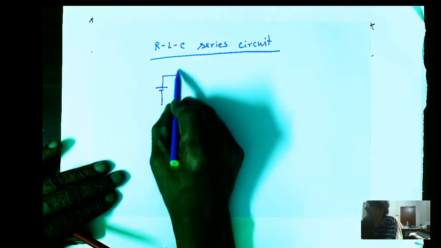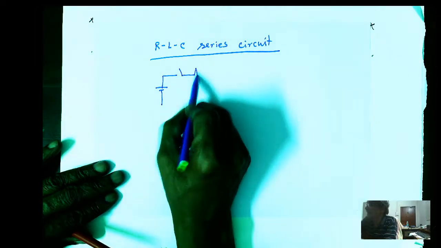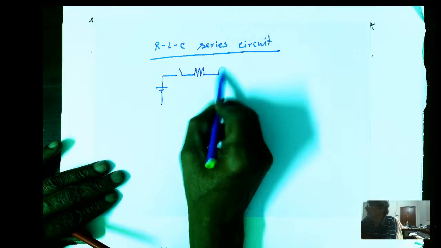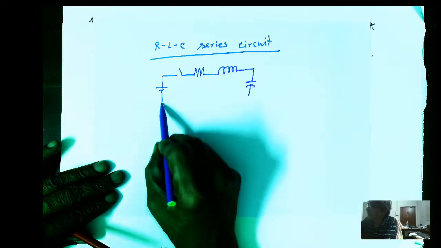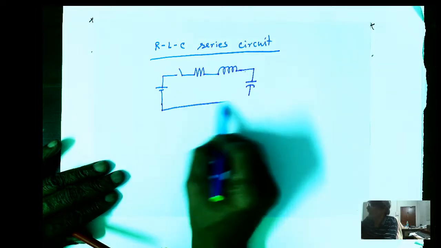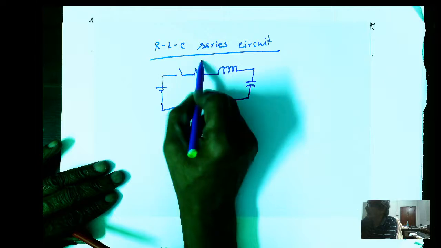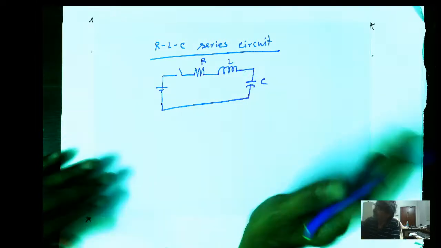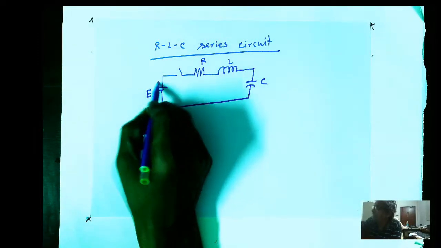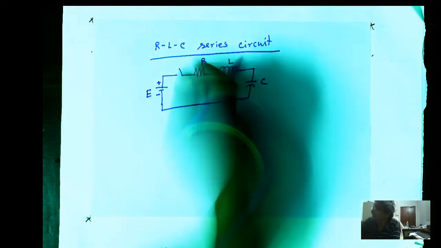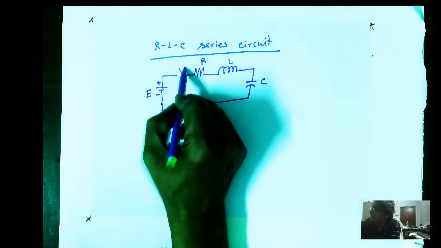Here is a switch, here is R, here is L, and here is C. So R, L and C are unknown, and here is a battery which I am going to connect across this series combination at t equal to 0.